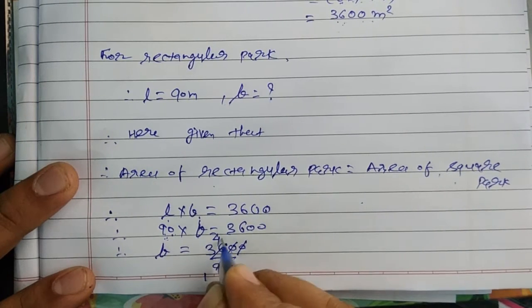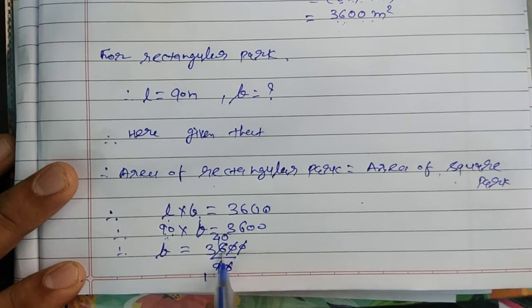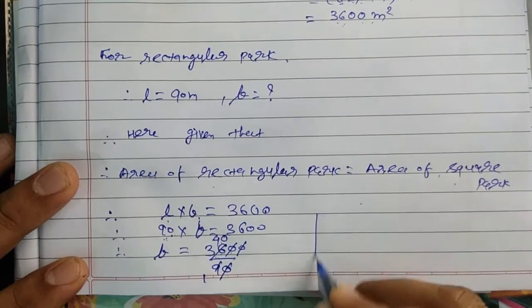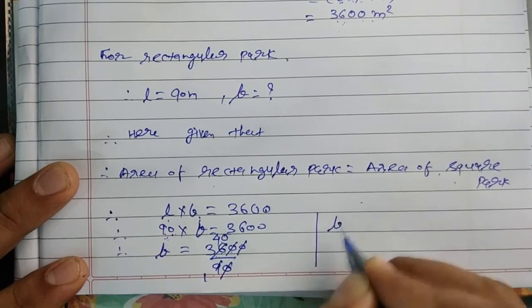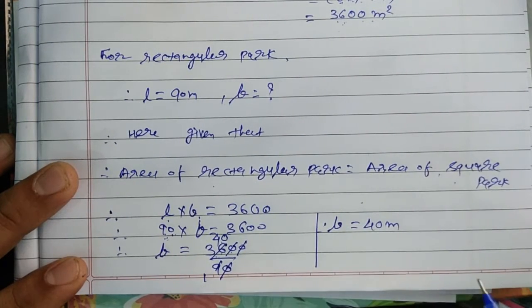This 0 will cut and it will come above with 4. So 3600 divided by 90 will be 40. So here I will write that B is equal to 40 meter.